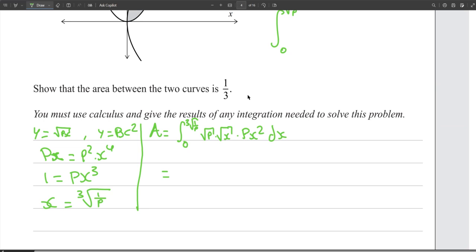So we will get root p times 2 on 3 x to the power of 3 on 2. You have to convert this to the power of a half. A half plus 1 is 3 on 2, and then 1 over 3 on 2 is just 2/3. Oh, sorry, this should be a minus, by the way. Minus p on 3 x cubed, using the power rule for integration between 0 and the cube root of 1 on p.